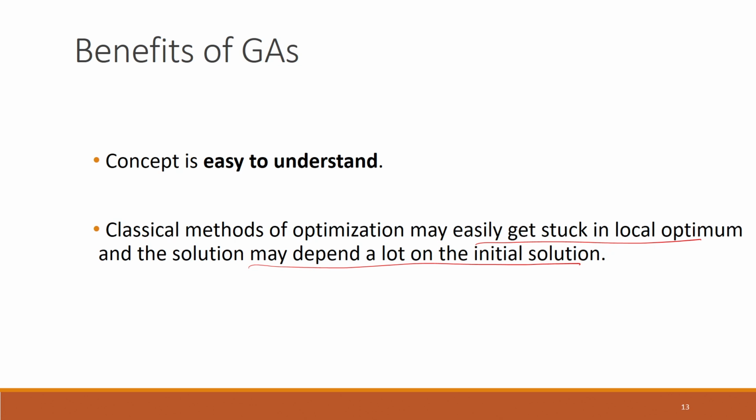Okay, and since these classical methods for optimization approach mostly in a deterministic way, many times they make decisions which are best for the current iteration. For example, if you take a look at the savings algorithm, there we were going down the savings list. We were first trying to connect those nodes that will offer the highest savings, and then go to the next pair of nodes and so on, given that they satisfy some conditions.